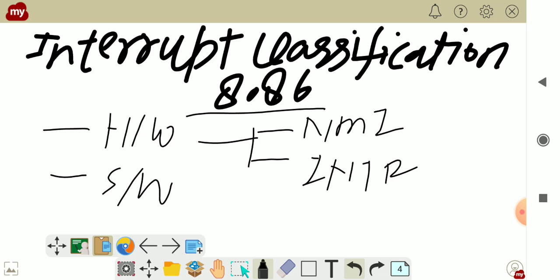But you can disable this pin by setting 0 into this pin, meaning you are not accepting any interrupt right now. So you can disable the NMI pin by setting 0 to this hardware pin in 8086 microprocessor.